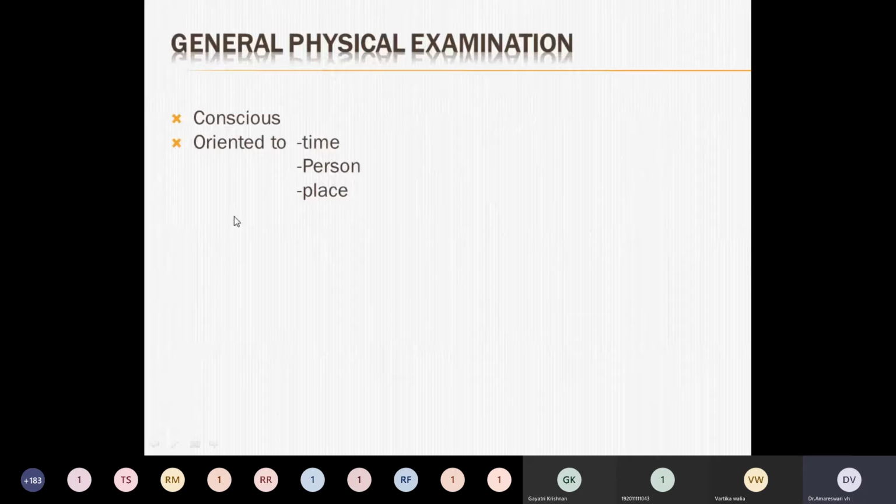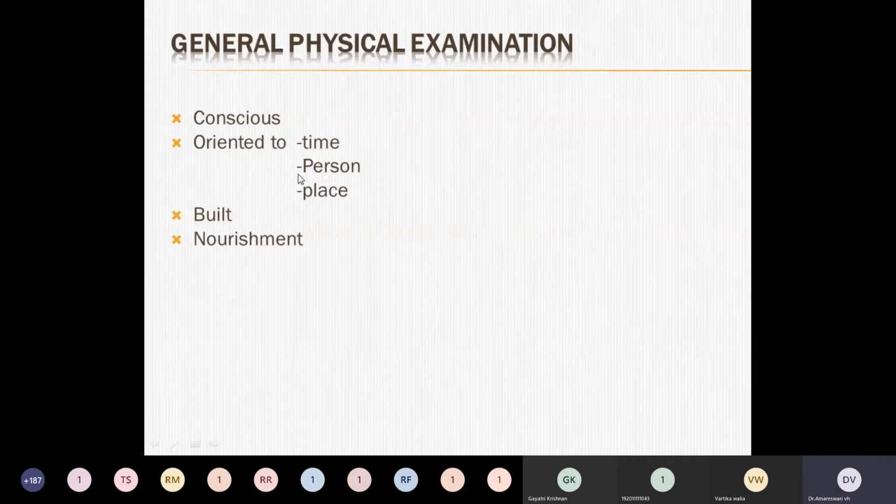Actually, these two come under higher functions. Higher functions will be dealt with later. I have simply taken these two because they are very, very important for a general physical examination. Many things are there to examine under higher functions; you will know later. Look at build, whether he is moderately built, ill built, or well built.